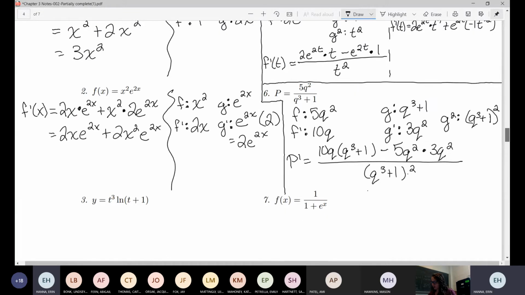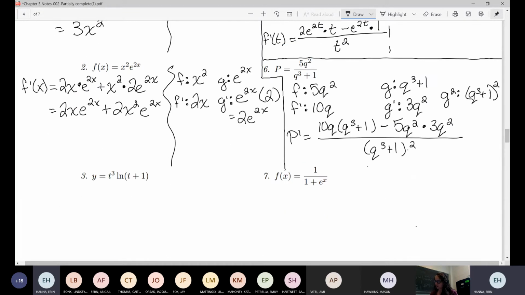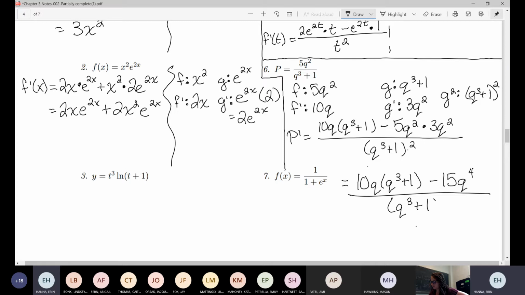Can I simplify it? I guess I'll just have to erase it because it's going to run into the next problem. So if this were me, I would just focus on simplifying that last term. I would probably personally leave it here, Juliana, but technically from here you could also distribute that 10q, so 10q to the 4th plus 10q minus 15q to the 4th.